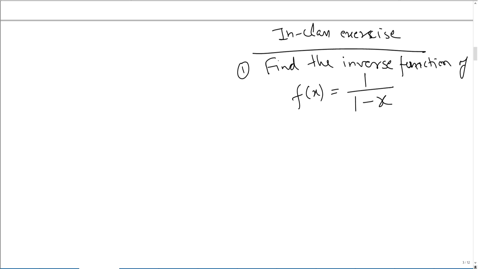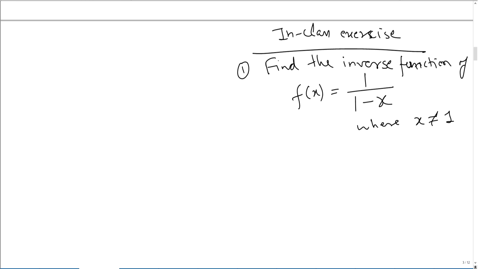Okay, you need to find the inverse of this function f of x equals 1 divided by 1 minus x. Where of course when I define a function, I can give some conditions where x is not equal to 1, right? x can't be equal to 1 here. That's the domain. Okay, so let us find the inverse of this function.